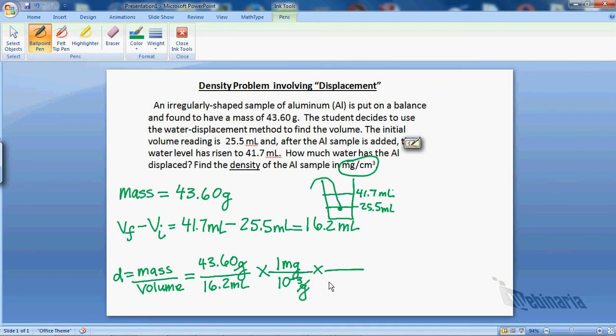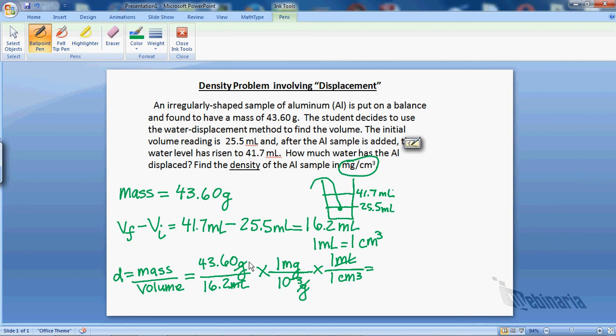So we need a relationship between milliliters and centimeters cubed. So you should know 1 milliliter equals 1 cubic centimeter. So to get rid of milliliter, I could put 1 milliliter here and 1 cubic centimeter here, and my milliliter would cancel.